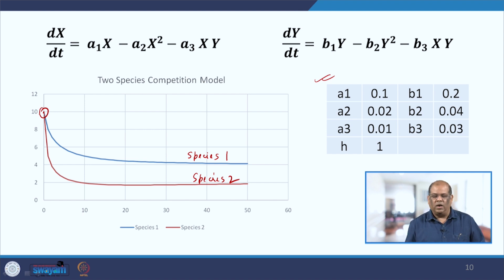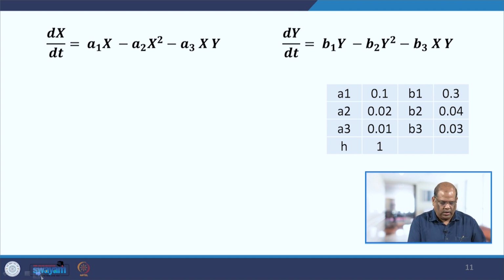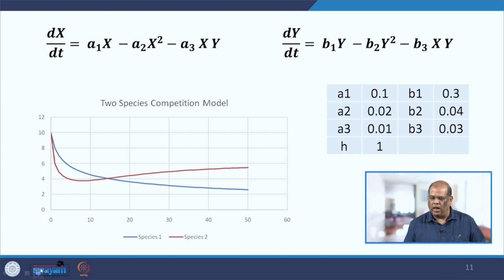And why does it dominate? Because somehow it managed to get more of the resources than species 2, and hence its growth is much more than this particular species. So, this curve gives the greater value than this particular curve. The final example is, again, a different set.